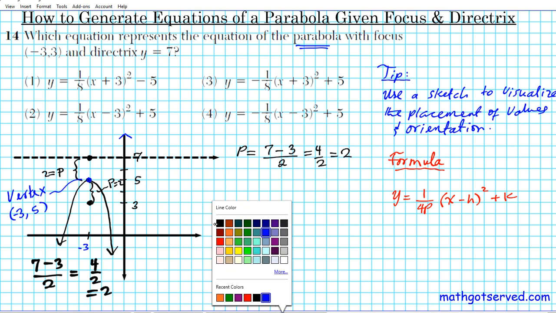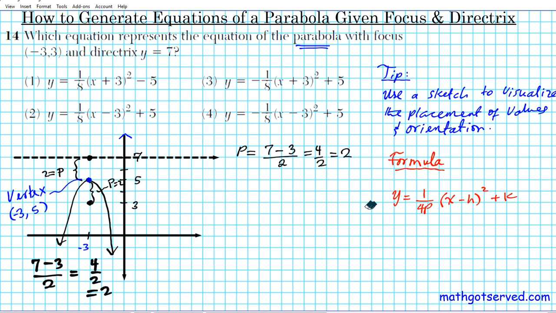So we just need the vertex h, k and we need p, and we're good to go. So if we put it into the equation, this is h and this is k. So h is negative 3, k is 5. What is p? We already found p, right? P is 2. So we plug all that into this equation.